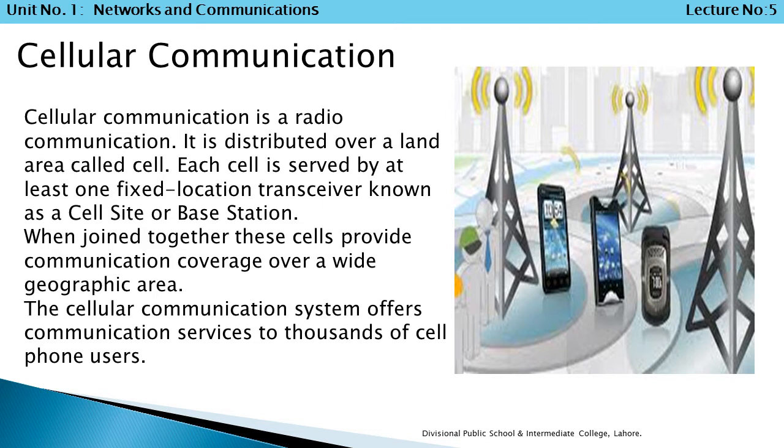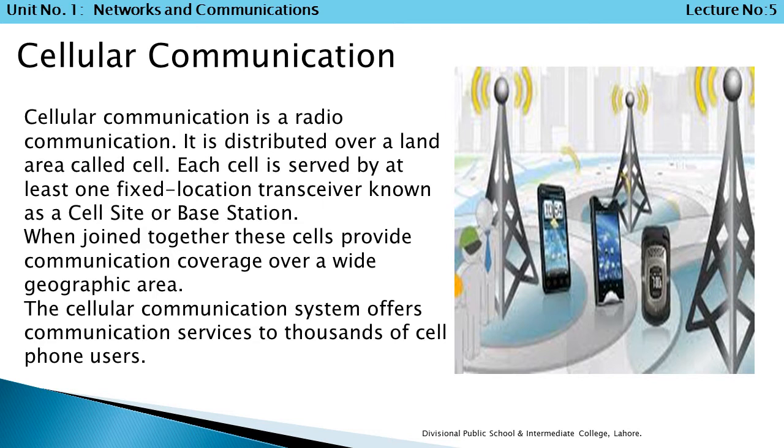Students, we can easily see many transceivers or base stations in our area. Because of these transceivers, mobile phones of different areas can communicate with each other. When joined together, these cells provide communication coverage over a wide geographic area.